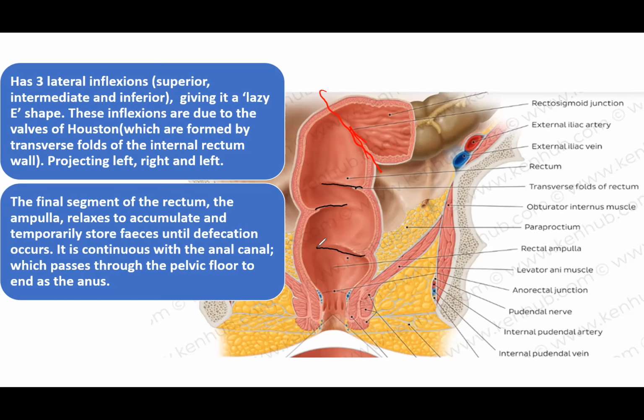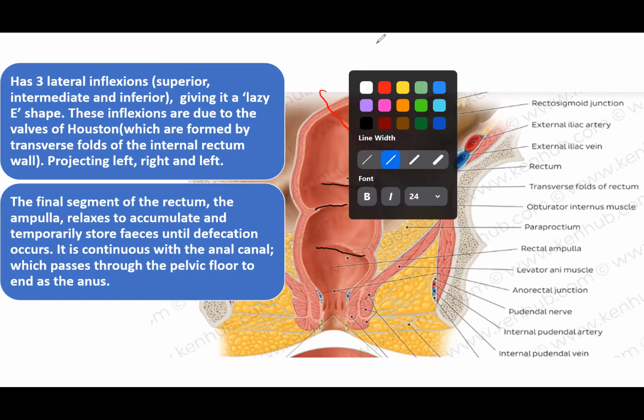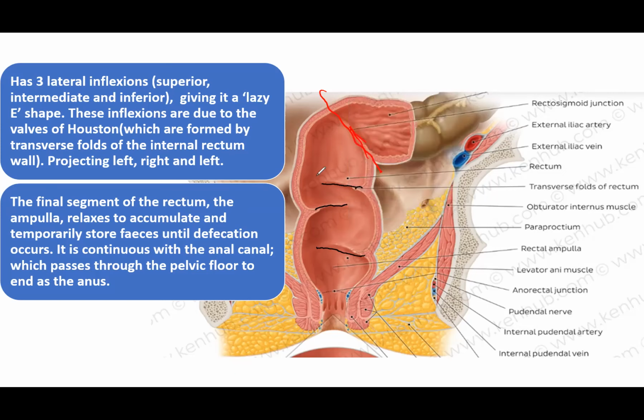These inflections are called the valves of Houston. They give the rectum the appearance of a lazy E, as if you have an E sign like this. This lazy E is formed by three inflections called the valves of Houston.